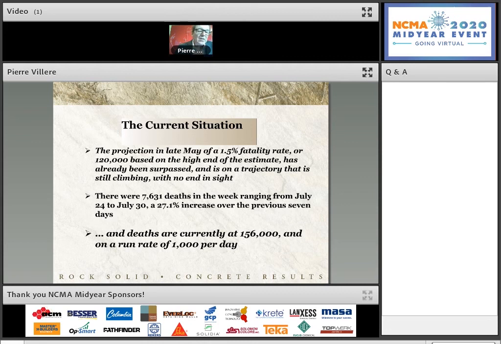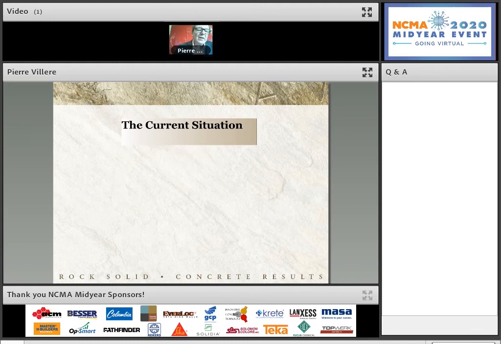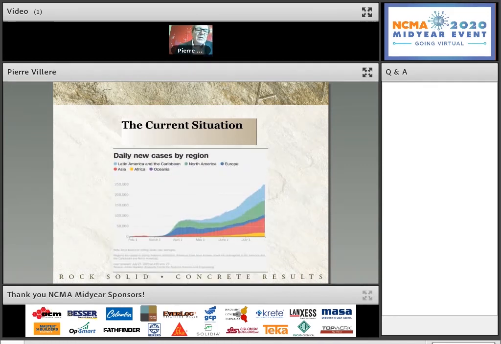Deaths are currently at 156,000 and on a run rate of 1,000 per day. The outlook for Latin America and Asia is equally disturbing, with only Europe appearing to be under control. Second spikes are occurring on almost every continent around the world.